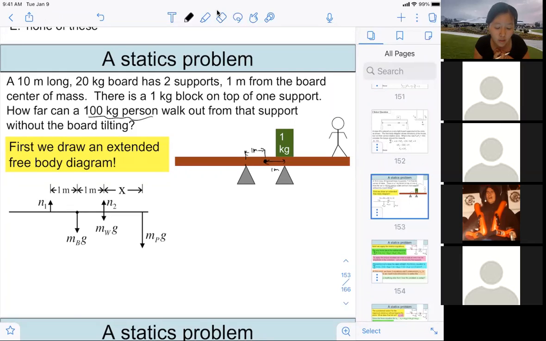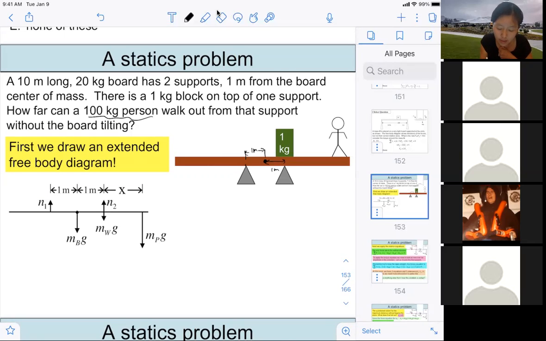Okay. So to solve these kind of problems, first, you wanted to be able to draw all the forces. We will call it an extended free body diagram because we wanted to label everything, all the forces, including the distance. So here, let's label all the forces. First of all, we have the gravity of the board itself, right?